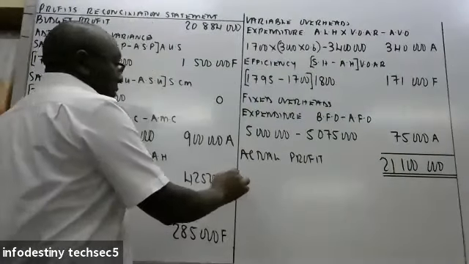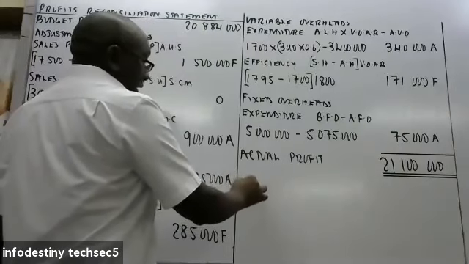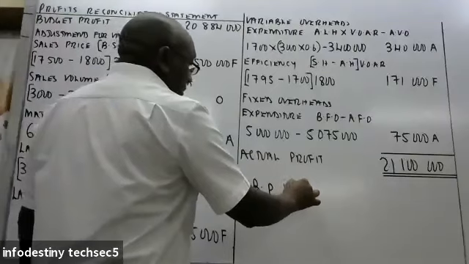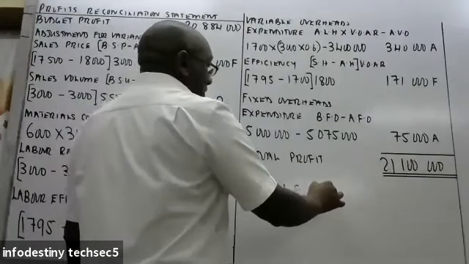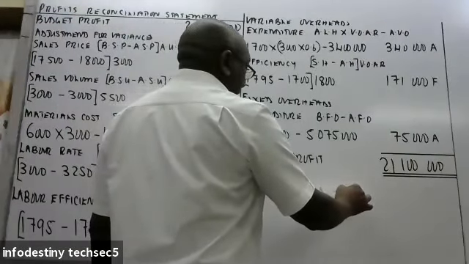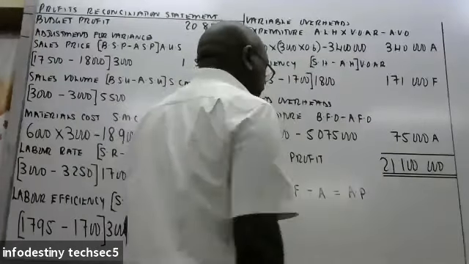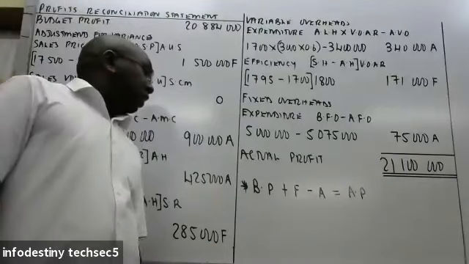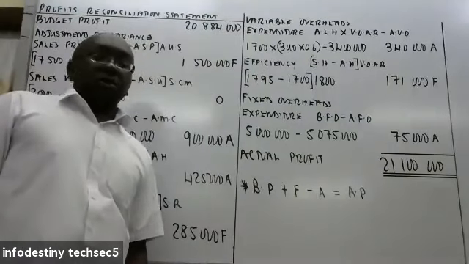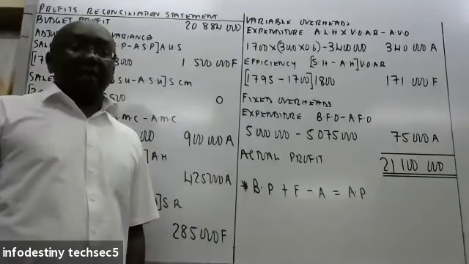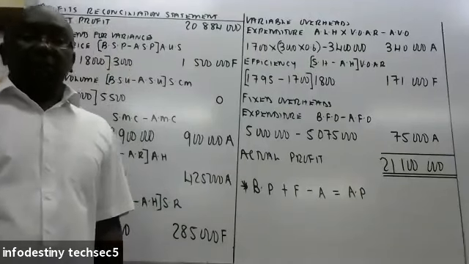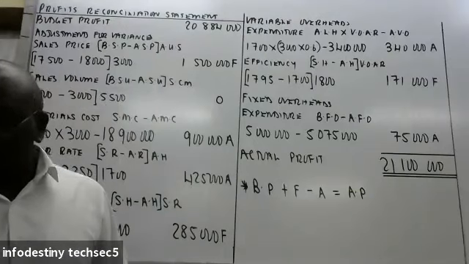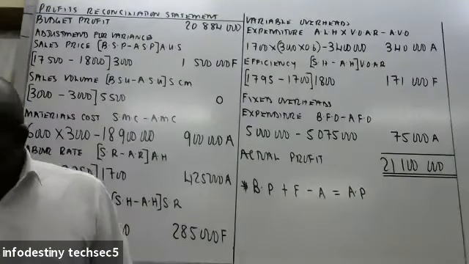And now remember, when you are reconciling, you get the budget profit, you add the favorable variances, you less the adverse variances, you get the actual profit. So do that and tell me whether it reconciles. So you say yes or no.